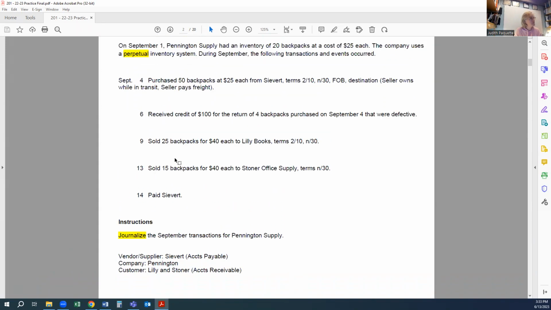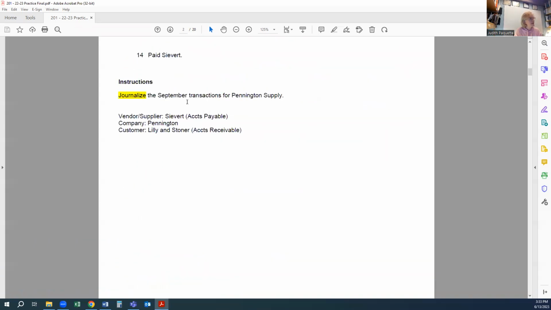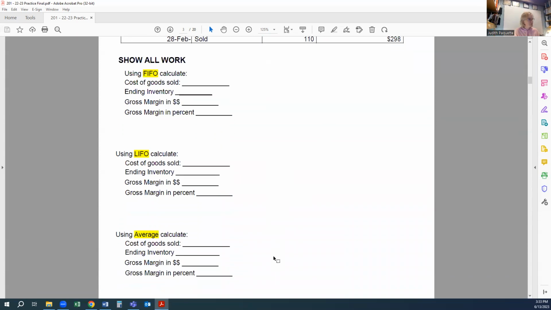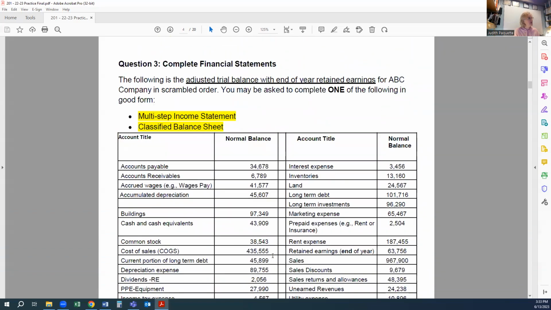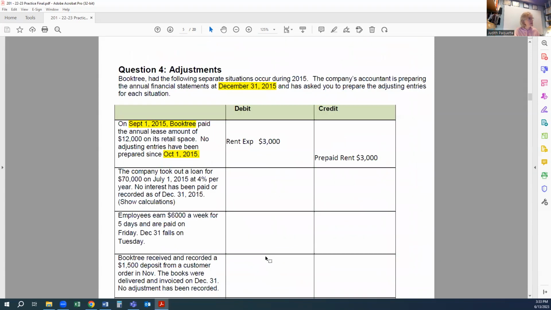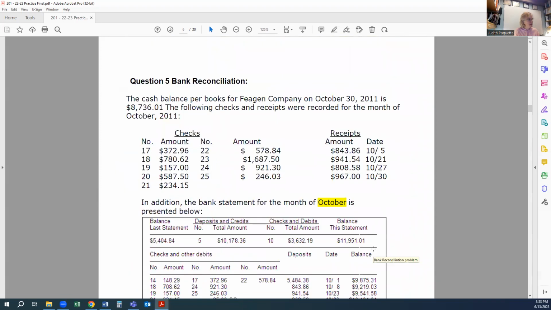Journal entries using perpetual. Here's periodic using calculating FIFO, LIFO, gross margin in dollars, gross margin in percent, average cost. Multi-step income statement and balance sheet. Be sure you guys know how to do that. How to do those 7 adjusting journal entries.